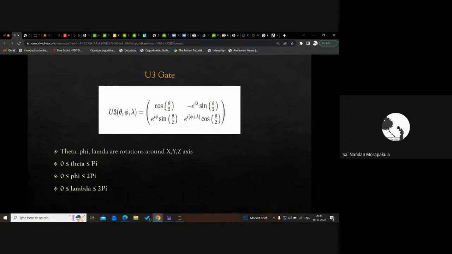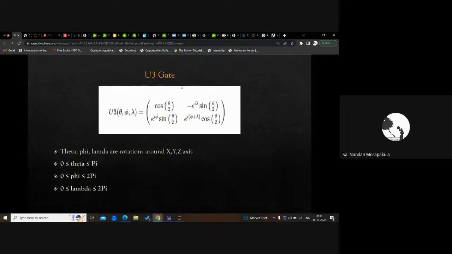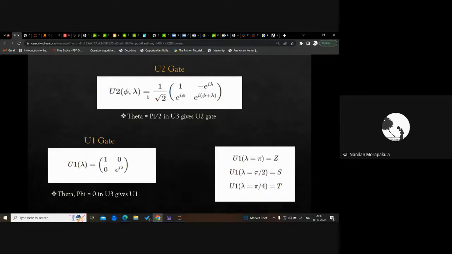Cos theta by 2 becomes cos pi by 4, which is cos 45. Cos 45 is 1 by root 2. If you multiply this 1 by root 2 inside, you can see it has become 1 by root 2. The same goes for the second, third, and fourth elements. So if you put theta as pi by 2, then you will end up with U2 gate.